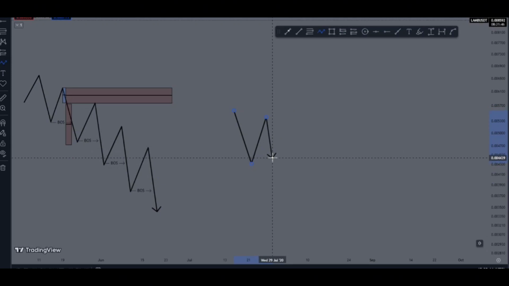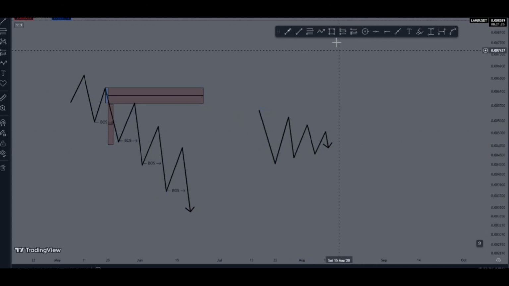Unfortunately, the market started consolidating. Like I told you, instead of using trend lines, just mark out the last low and the last high of liquidity.